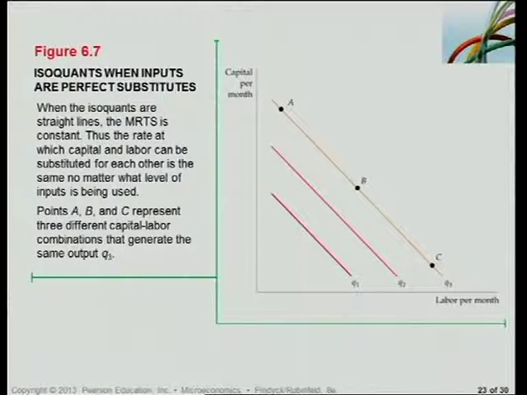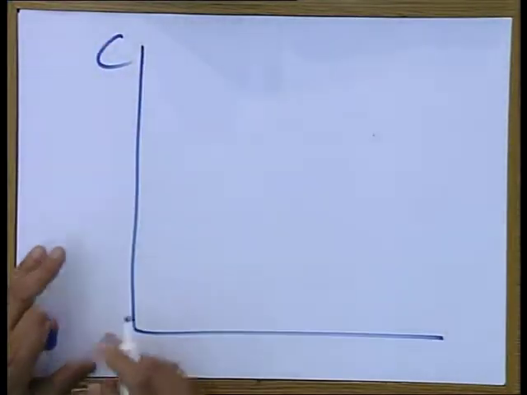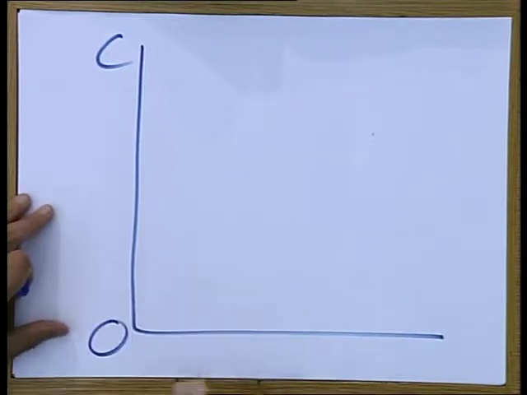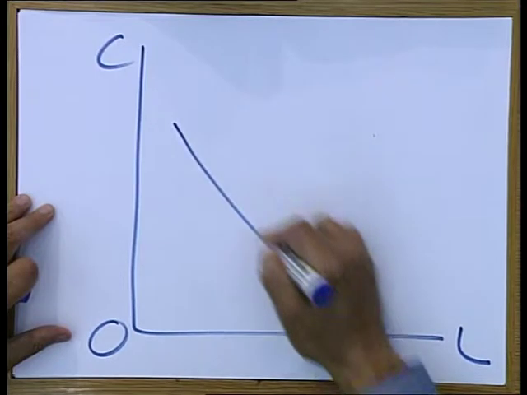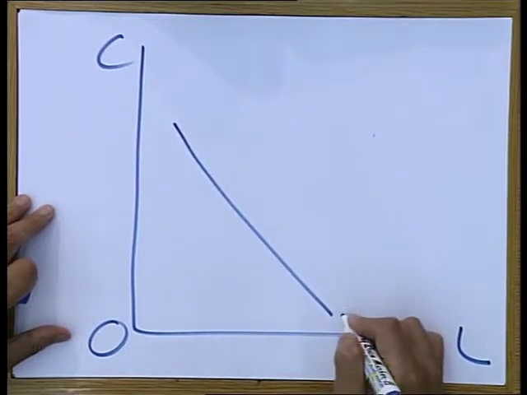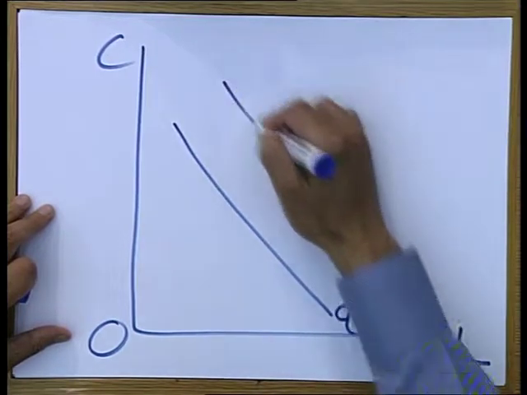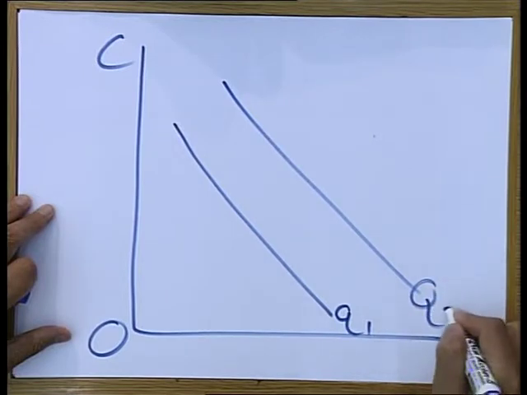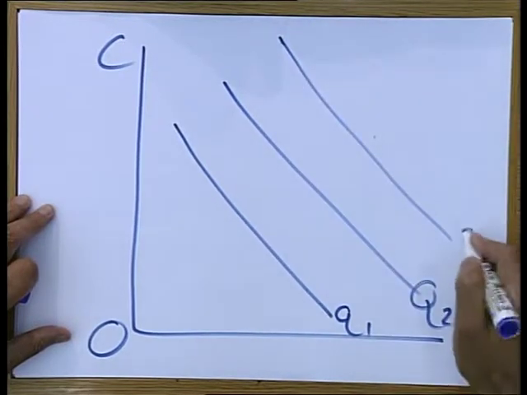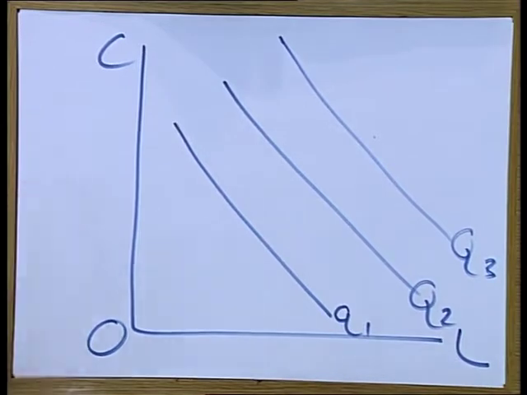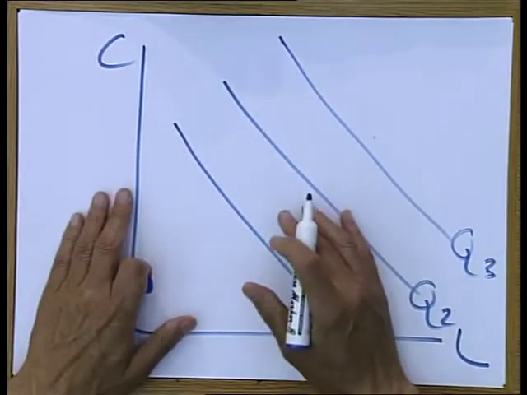Capital is measured as the units of capital that you use per month, and the units of labor that you use per month, and then you will have isoquant Q1. Then you will have isoquant Q2. Then you will have isoquant Q3. Three different isoquants. This is an isoquant map.